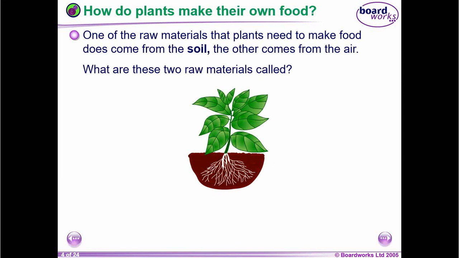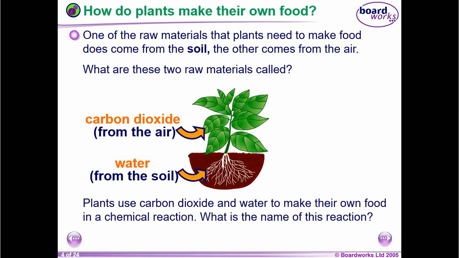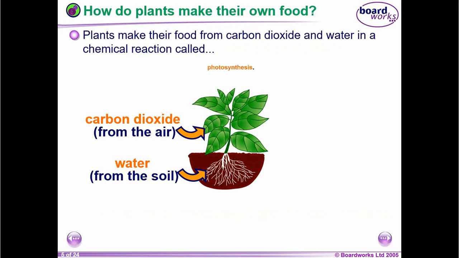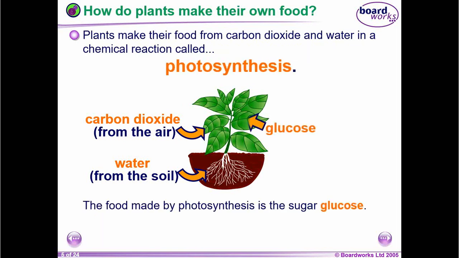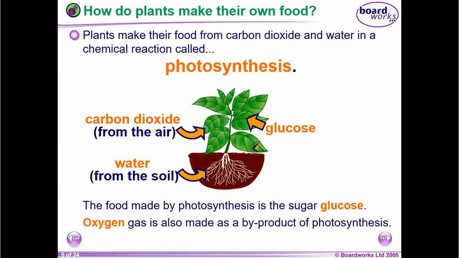as we all know, plants are able to make their own food. What do they need to make their own food? They need carbon dioxide from the air and water from the soil, and they do a process called photosynthesis, and they make their own food, which is glucose, and they also produce oxygen gas.